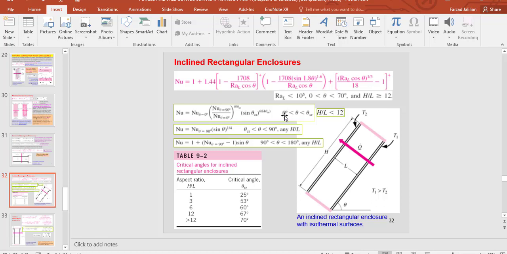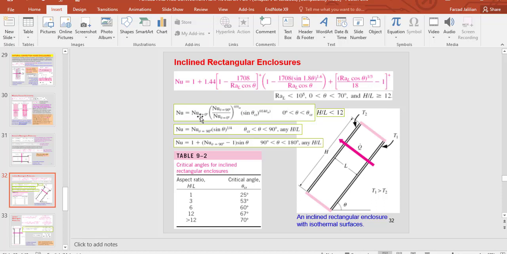If, for example, aspect ratio is 1, this theta critical will be 25 degrees. So imagine theta is between 0 and 25 degrees, and then we can use this equation to find Nusselt number.